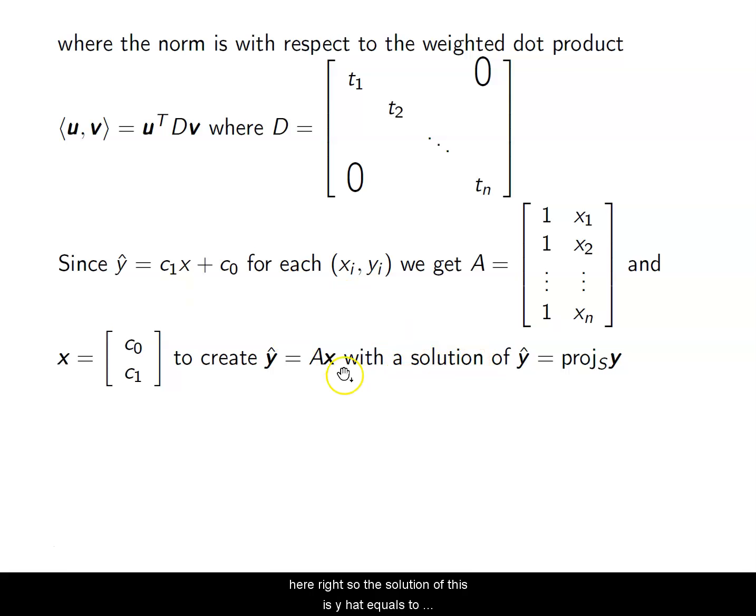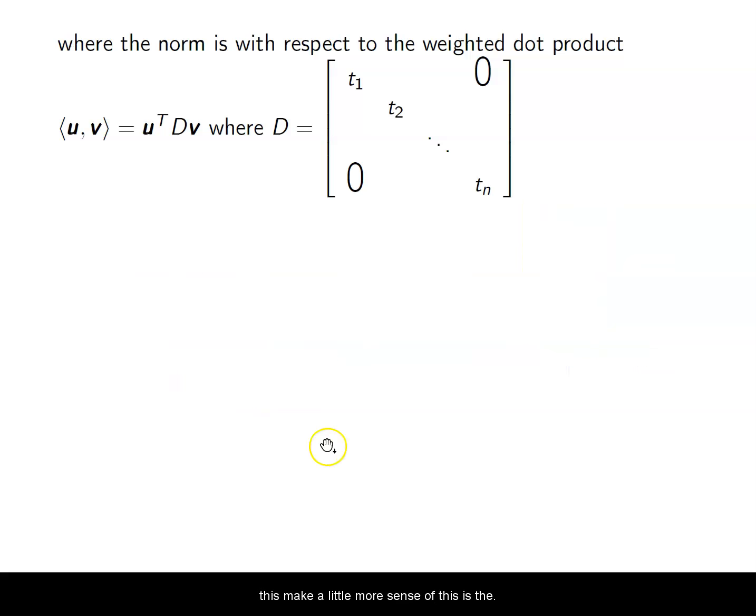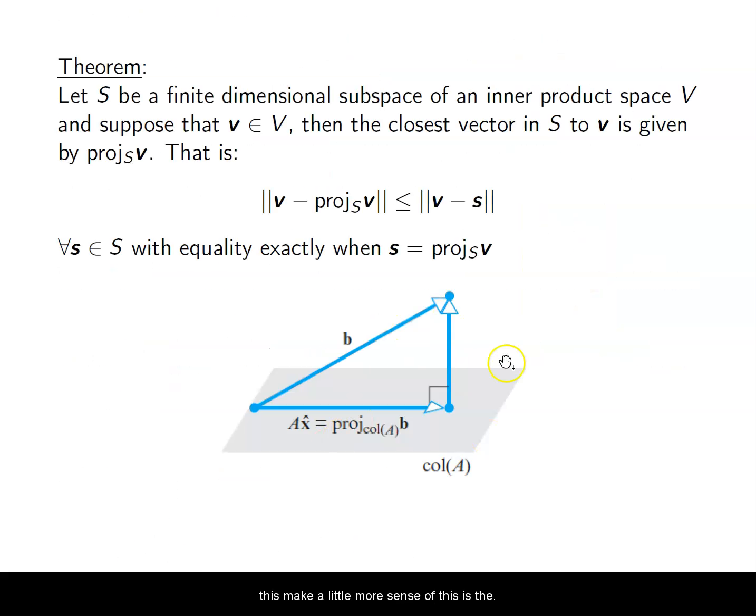So the solution of this is y hat equals the projection of that y vector from the data points onto S, where S is the column space of A. So again, see the previous image, it might make this make a little more sense.